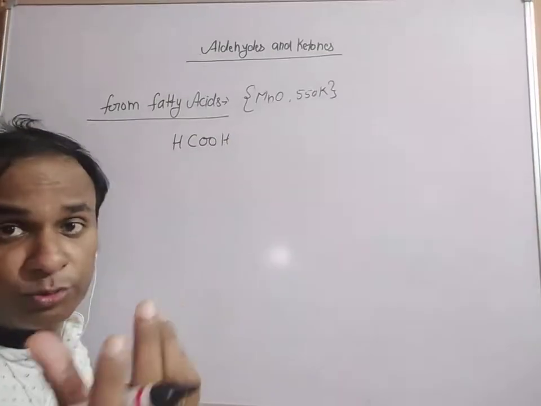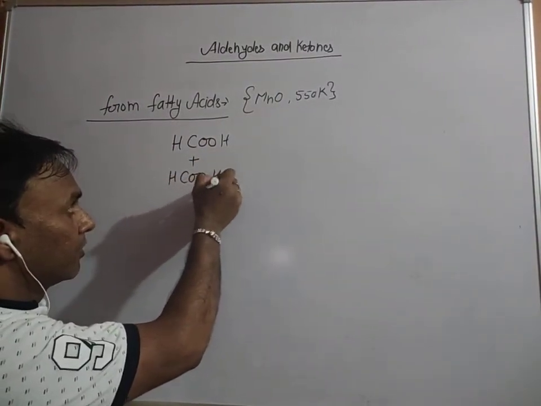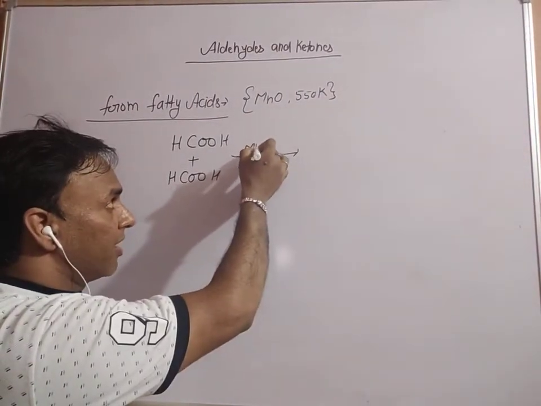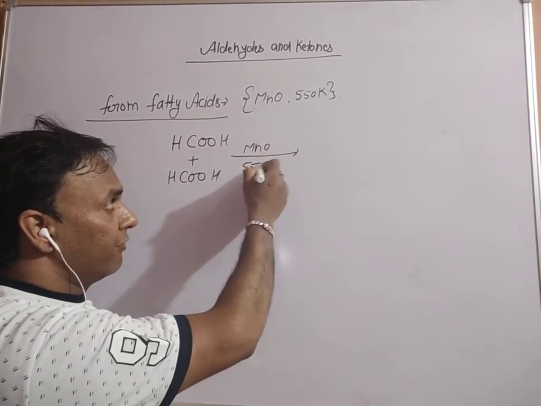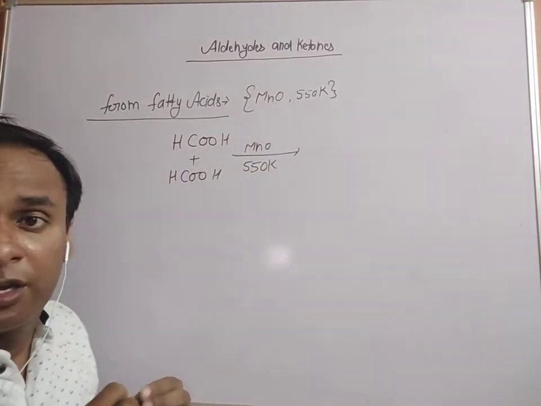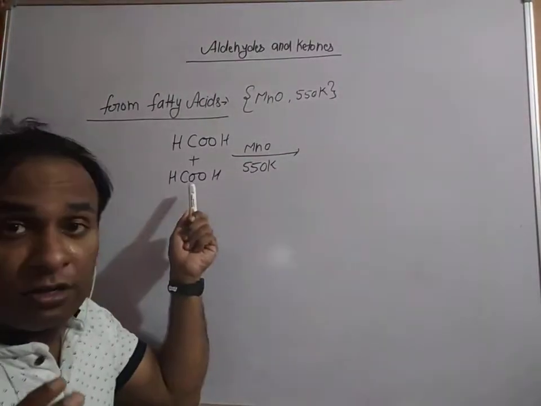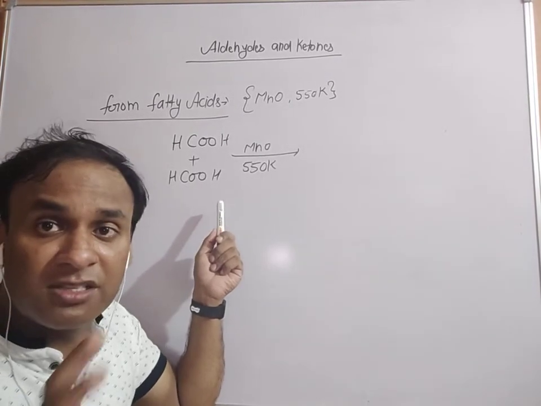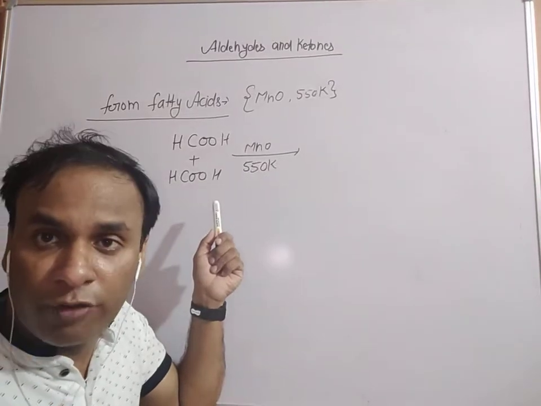HCOOH, when we use 2 moles of formic acid. Clear? And this is heated in the presence of manganese oxide at approximately 550 Kelvin temperature. Decarboxylation and dehydration take place. Decarboxylation means removal of carbon dioxide, and dehydration means removal of water.